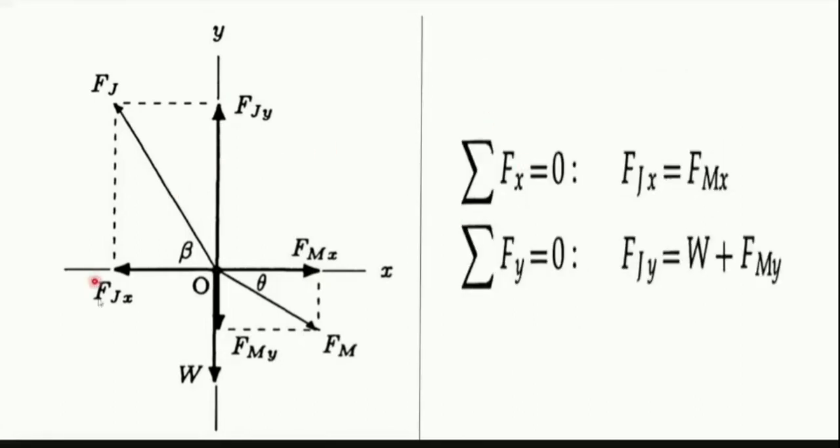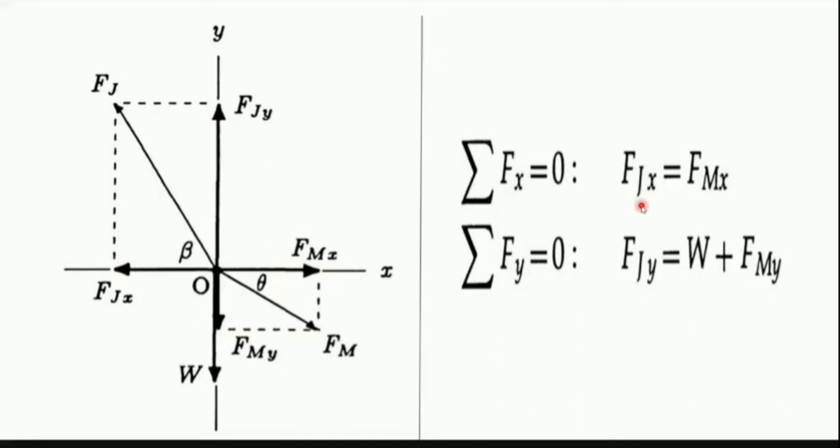Now, summing up the forces in x direction, that is sigma Fx is equal to 0. So what are the forces acting in x direction or horizontal direction is Fjx and Fmx, right? They are acting in opposite direction. So when we equate, we'll get Fjx is equal to Fmx.